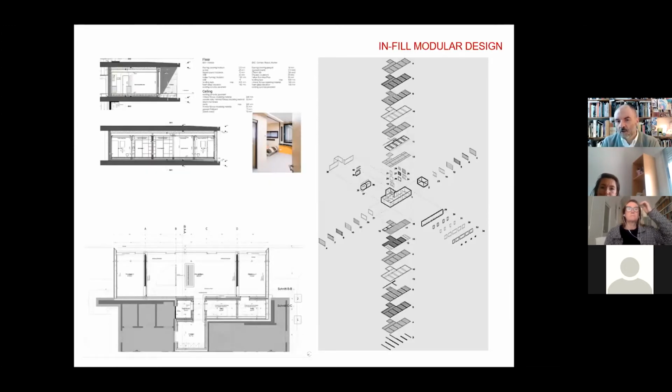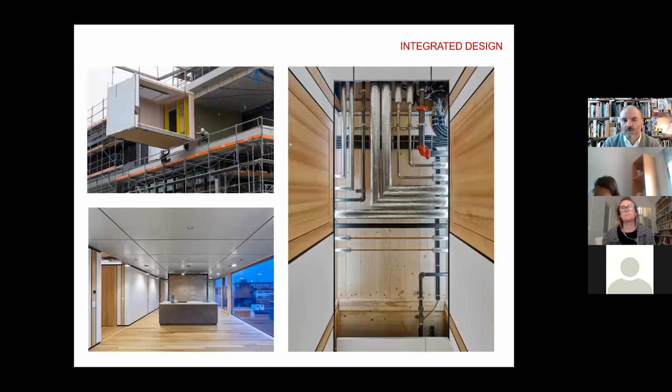So the building is totally prefabricated with modular elements in an open system. So the elemental system is coming directly from outside. This is, for example, the plan of a unit, the bottom left, and the typical section. And here is the way of building.